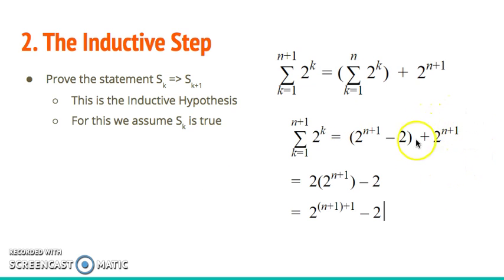We can combine the like terms with this one on the end and this one on the front, which will make it 2 times 2 to the n plus 1 minus 2. When a number with an exponent is multiplied by the same number as its base, you can add 1 to the exponent. So here at the bottom, you can see we have 2 to the n plus 1 minus 2. This is the same as our previous solution, but for the next sum.